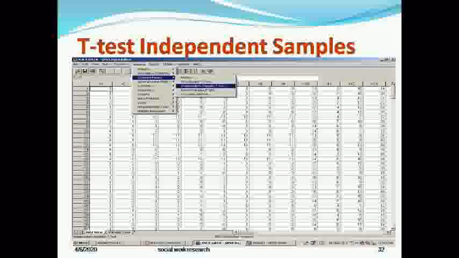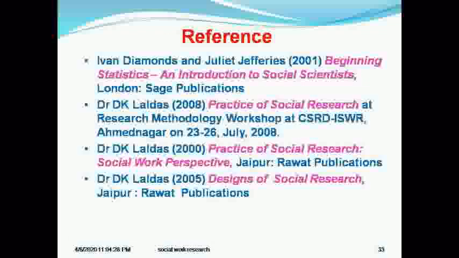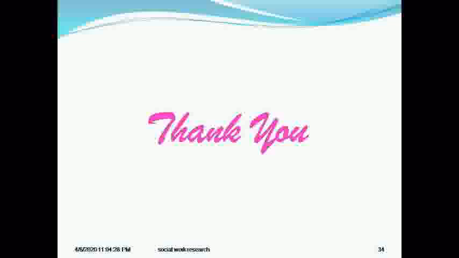If the value is between 0.05 and 0.01, we can say there is moderate significance. If the value is less than 0.01, we can say that the relationship is highly significant. Hypothesis proved. Thank you.